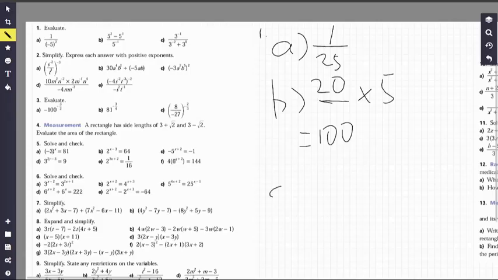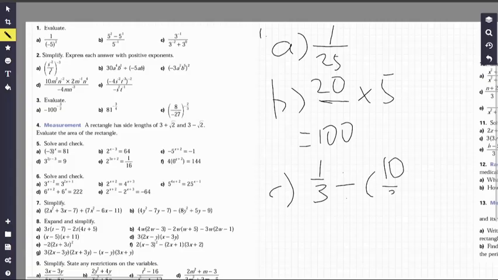C, 3 to the negative 1, it's going to become 1 over 3. And we're going to divide that by 3 to the negative 2, which is 1 over 9, plus 1. Now, this is going to become 10 over 9.